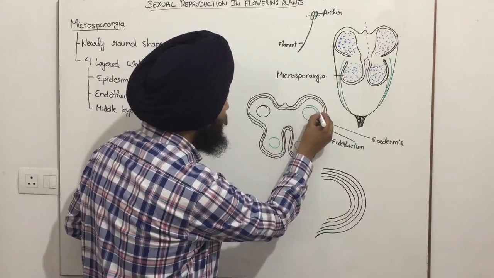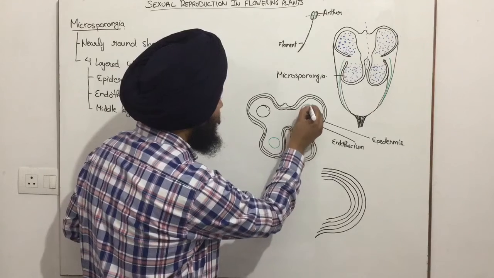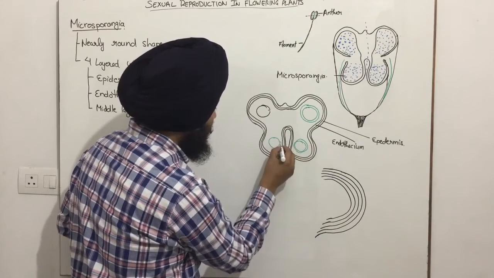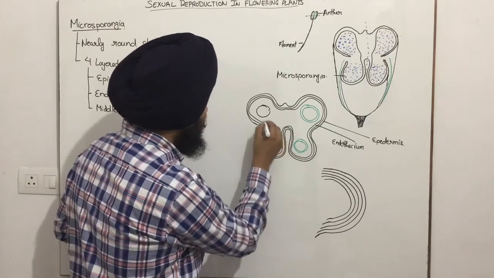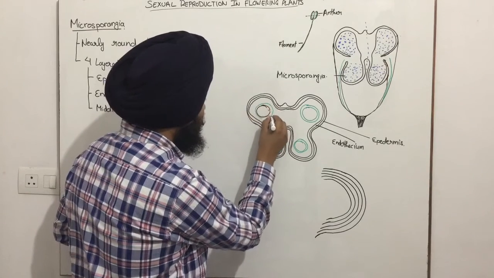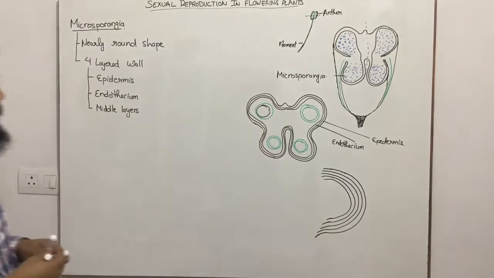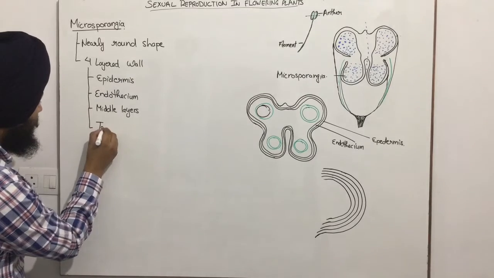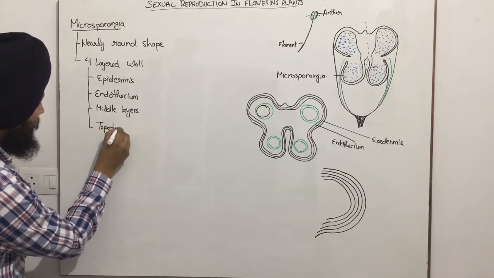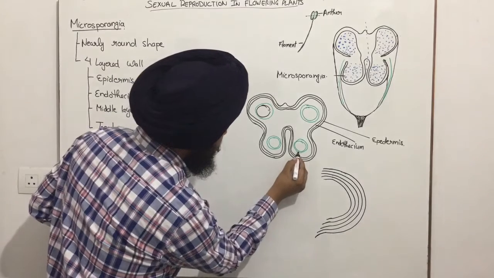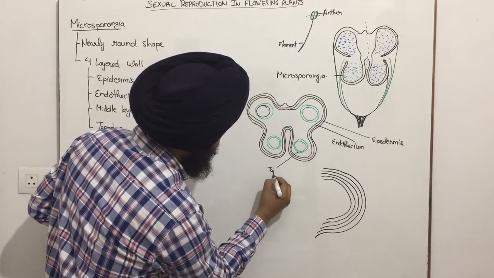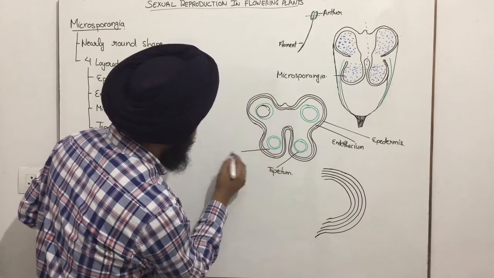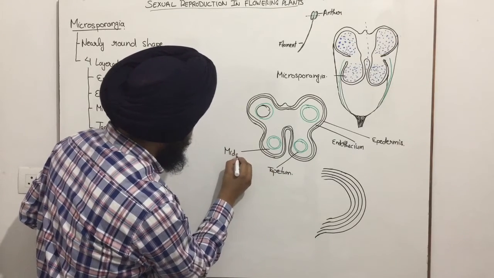So here, just outside the microsporangia, we have the fourth layer that is called the tapetum. And here we have the middle layers.